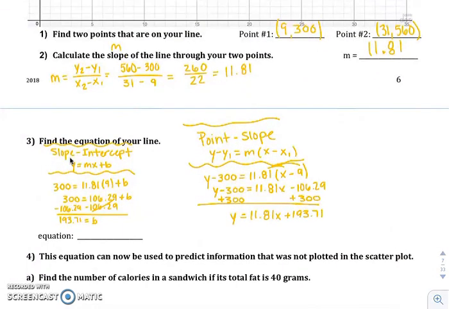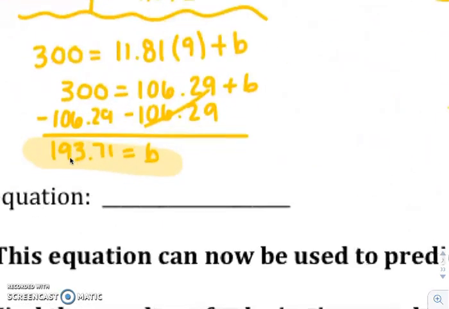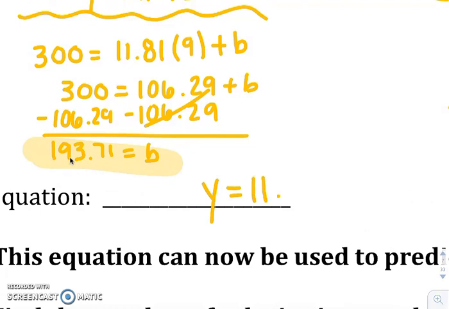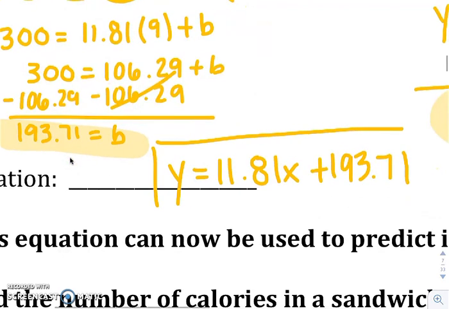So the nice thing with point-slope is that once you've solved for it, it's already in the equation form. If you use slope-intercept form, you solve for b and then have to write the equation. So your equation here would be y equals 11.81x plus 193.71.